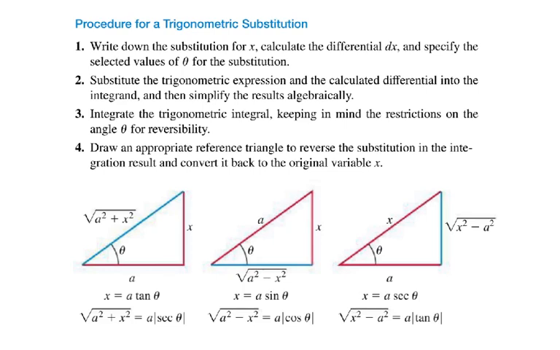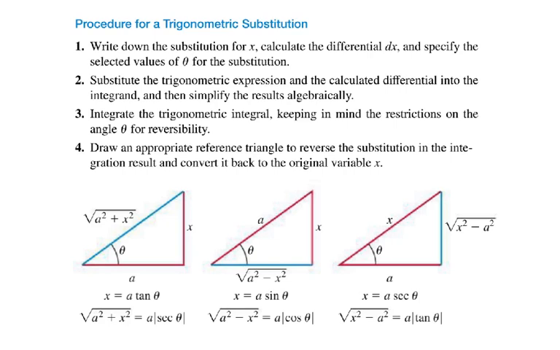So to summarize our strategy for using these trig substitutions to simplify integration of something that's complex, I've got these steps here for us. The first thing we want to do is write down that substitution for x. We want to calculate our differential, whatever dx will be, and then specify selected values of theta for the substitution. Then, depending on which one of our three situations we have, we're going to substitute the trig expression and the calculated differential into the integrand.